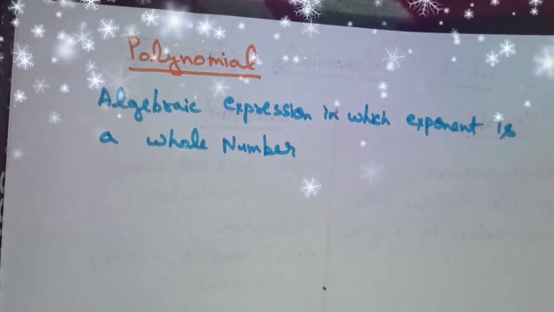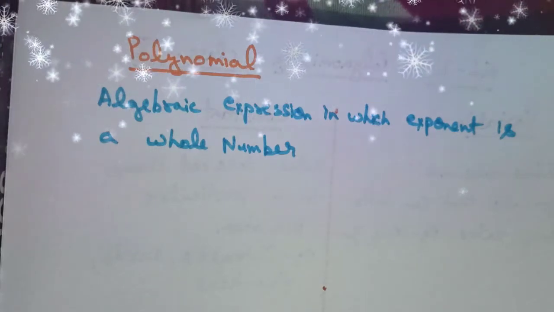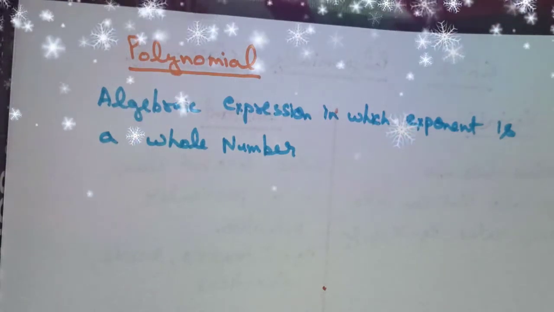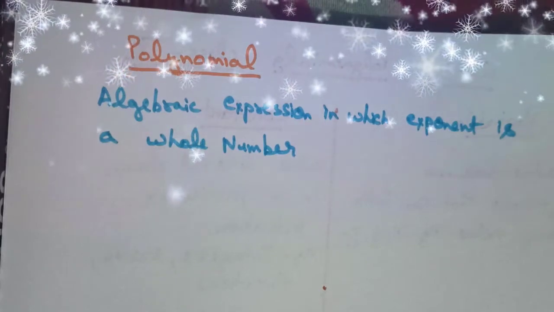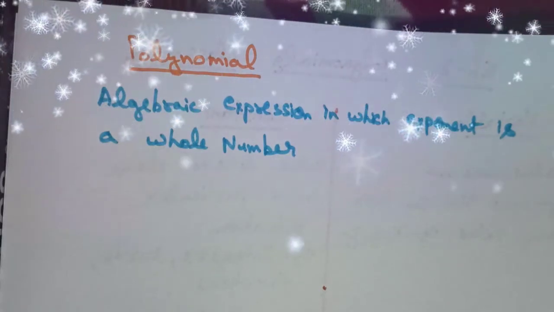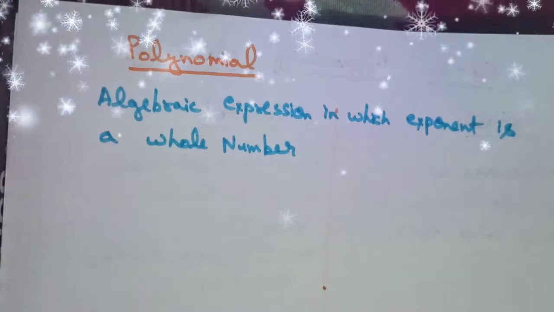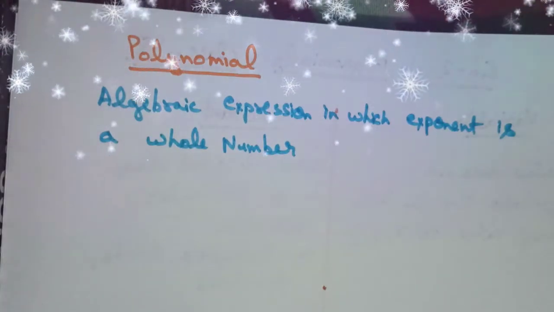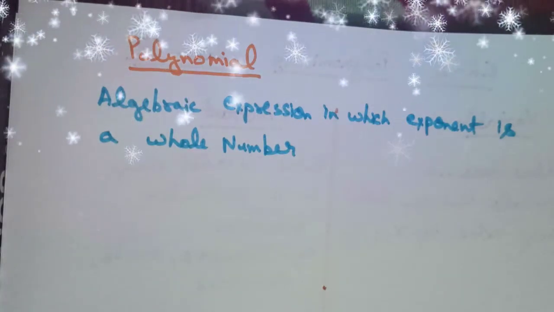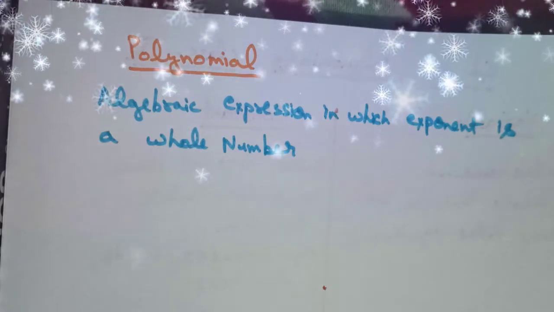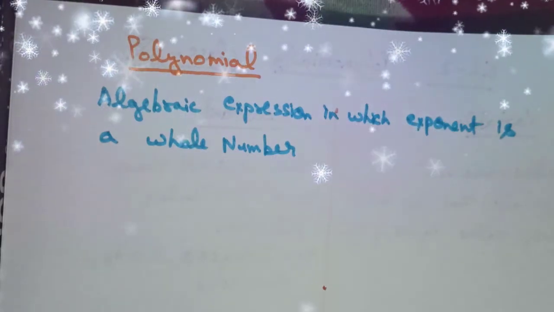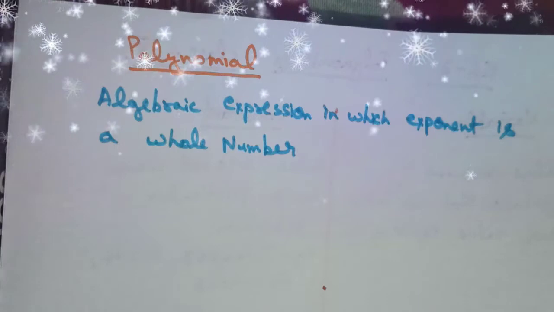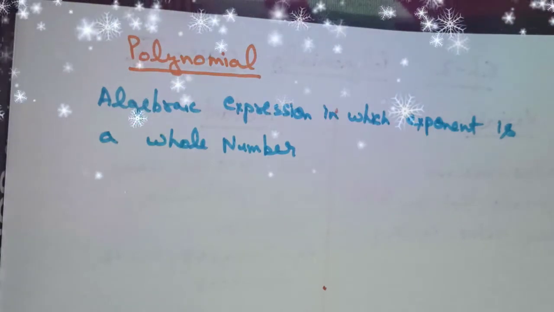We know that all whole numbers are rational, so we can say that all polynomials are algebraic expressions, but all rational numbers are not whole numbers, so we can also say that all algebraic expressions are not polynomials.